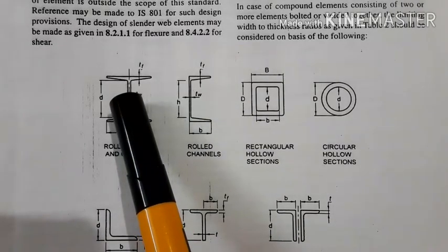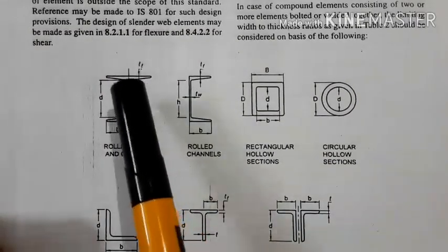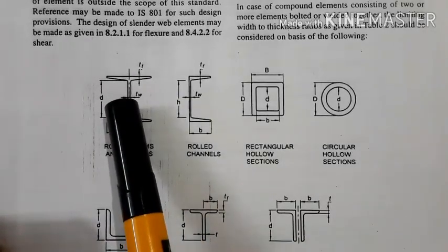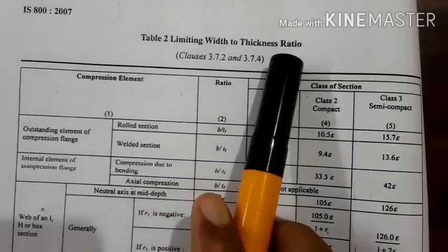If you take them individually, you have to check the ratios of those elements, that is, width to thickness and depth to thickness. Those ratios are given in Table 2, limiting width to thickness ratios.